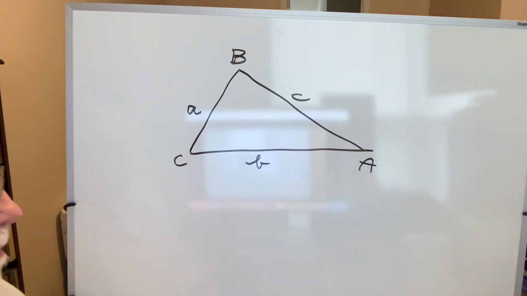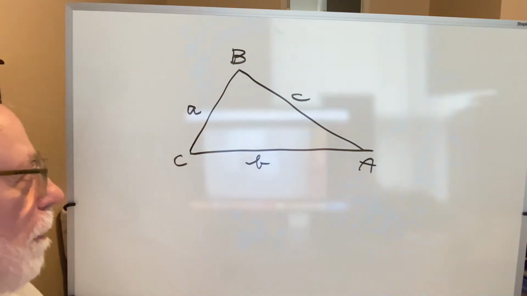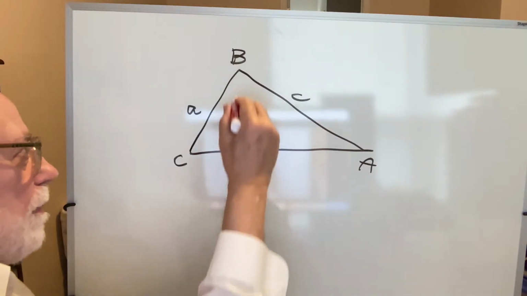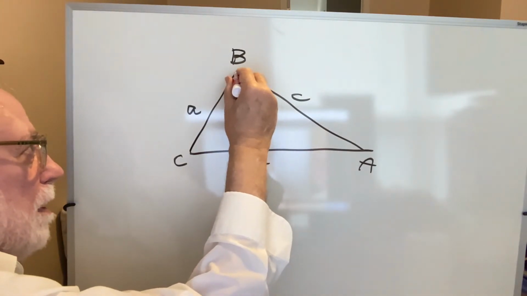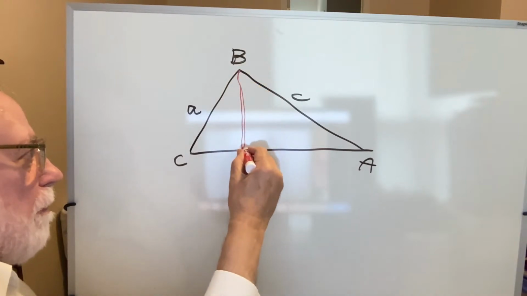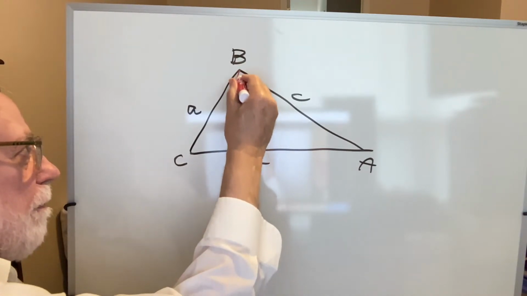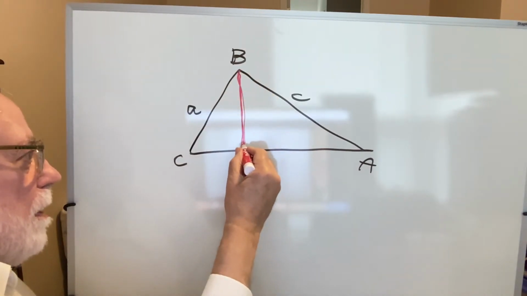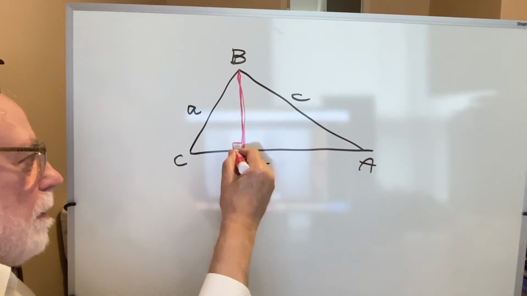Now, in this case, we drop a perpendicular from angle B, which falls inside, in the interior of the triangle.